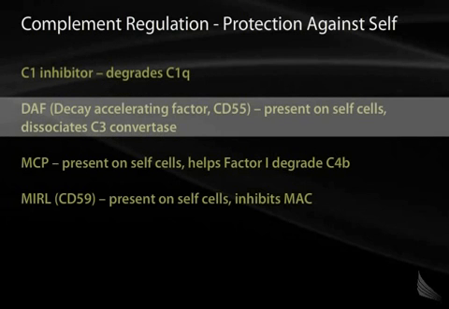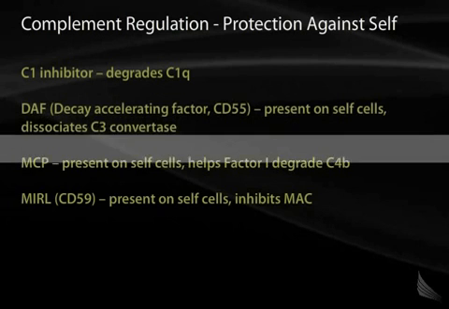DAF, or decay accelerating factor, also known as CD55, is present on self cells, and it dissociates C3 convertases. So if the pathway gets started and gets to that C3 convertase step, no matter how it got there, this CD55 can dissociate those subunits and therefore inhibit the progression of the complement cascade.